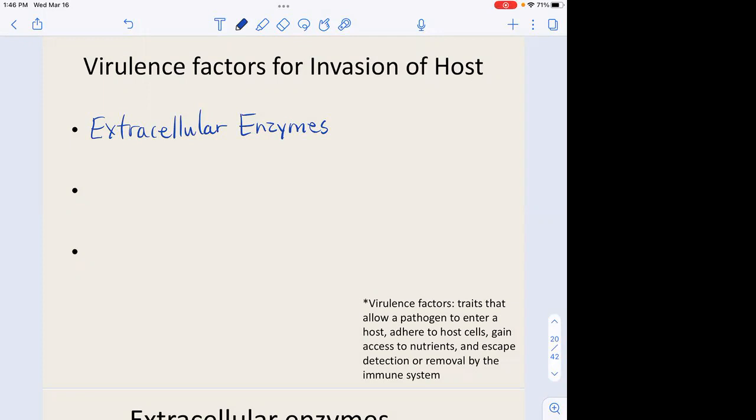These are extracellular enzymes that, again, are important for establishing an infection. So we'll give some examples there. We're going to talk about toxins, a couple different kinds of toxins, exotoxins and endotoxins. So we'll talk about the difference between those, as well as antiphagocytic factors. We'll talk briefly about the steps of phagocytosis, and then some things that bacteria can do so that they are not engulfed by our phagocytic cells, our white blood cells.